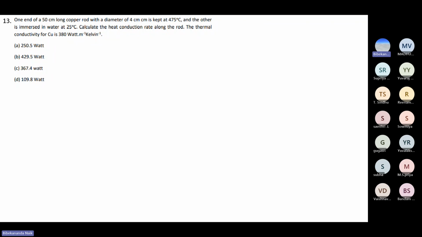We need to calculate the heat conduction rate, and the thermal conductivity of the copper is given. So we need to find out the conduction rate of the heat flowing from the end at 475 degrees Celsius to the end at 25 degrees Celsius.